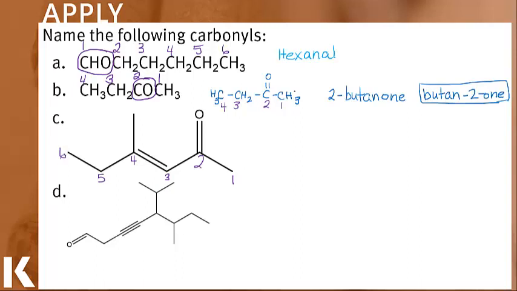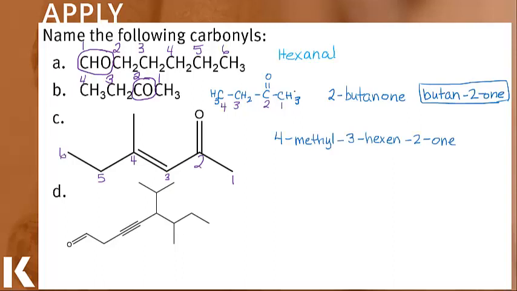I do see a double bond, so I know that it is a hexene. Off of my fourth carbon, I have a methyl group. That substituent is going to be named first. So this is going to be a 4-methyl. My double bond is on the third carbon, so it's going to be a 3-hexene, and then 2-one.